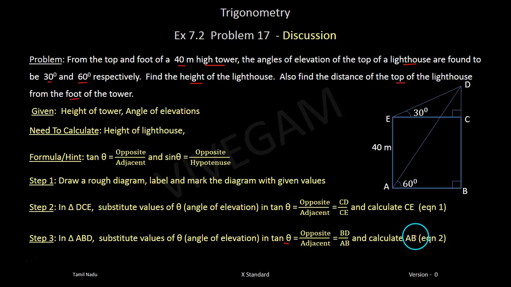You will get another equation. But AB, which we just calculated in equation 2, and CE, which we calculated in equation 1, are both the same, right? CE equals AB. So equate the RHS of both the equations. You will get a relationship between CD and BD. Got that? Okay.